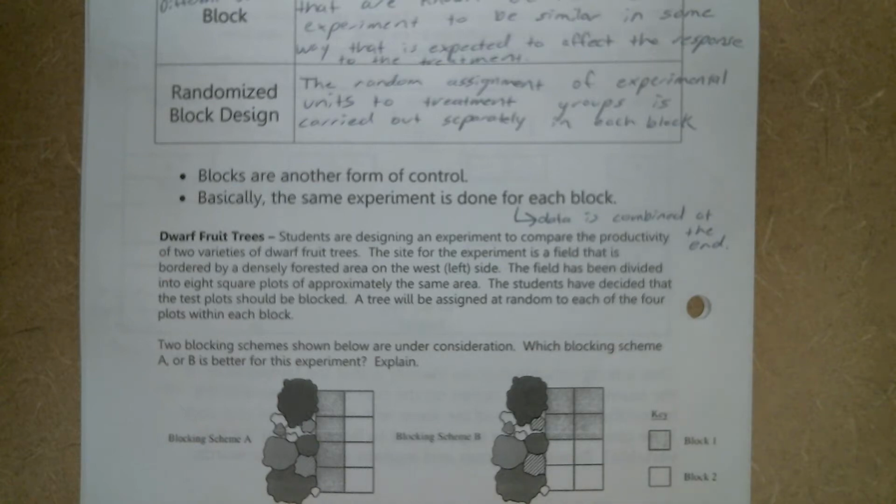The students have decided that the test plots should be blocked. A tree will be assigned at random to each of the 4 plots within the block. 2 blocking schemes below are under consideration. Which blocking scheme, A or B, is better for the experiment? Explain why.